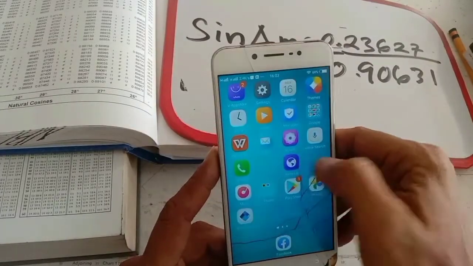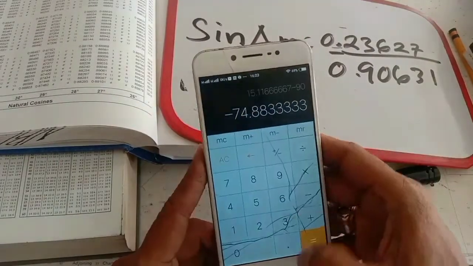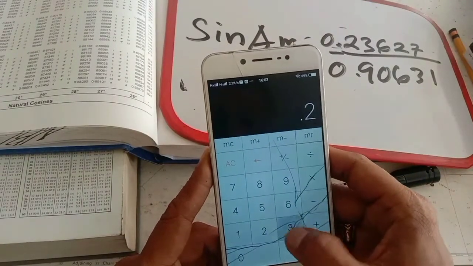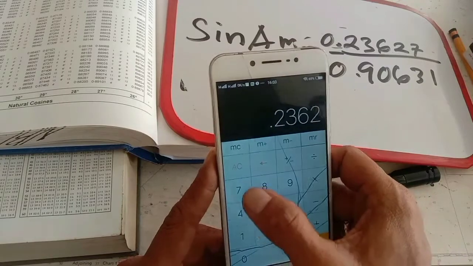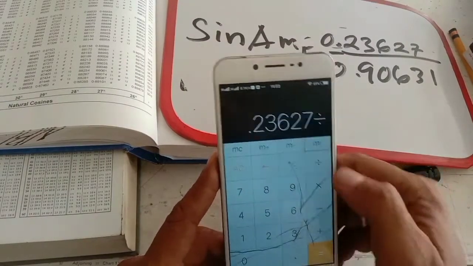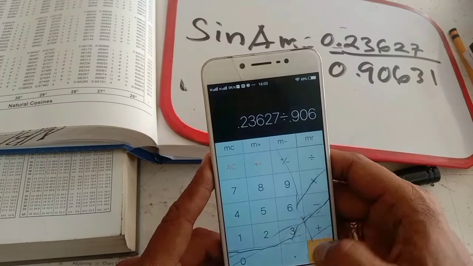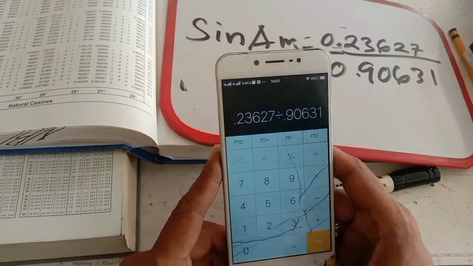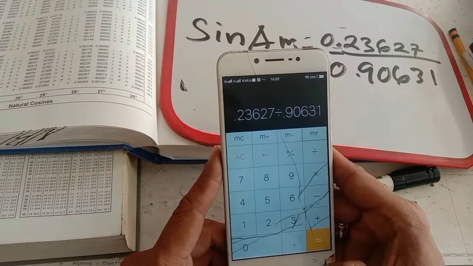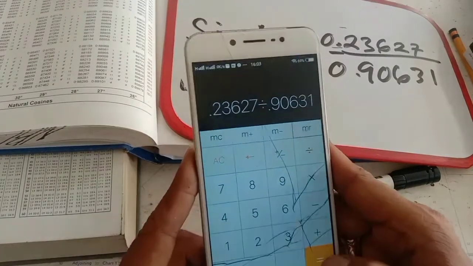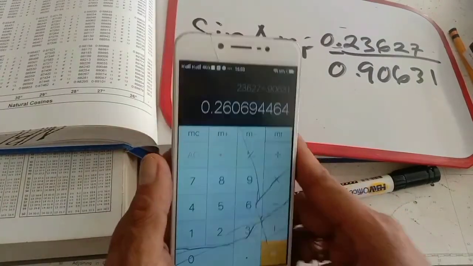Calculator natin. So, 0.23627 divided by 0.90631 is equal to yan.